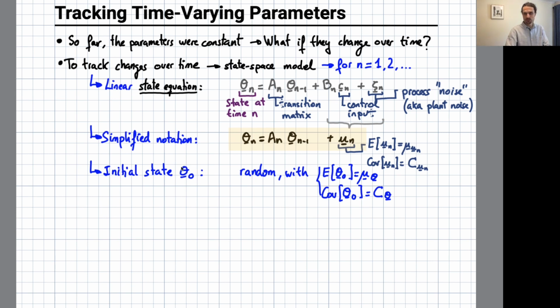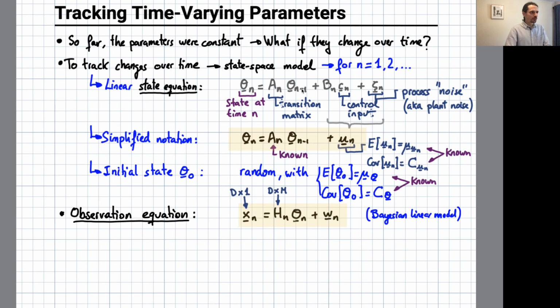So we assume that things start at time 0, and we model it as a random vector with a certain mean and covariance. Under this setup, the transition matrix will be assumed known. These moments, the moments of the noise and the moments of the initial state, will also be known to us.